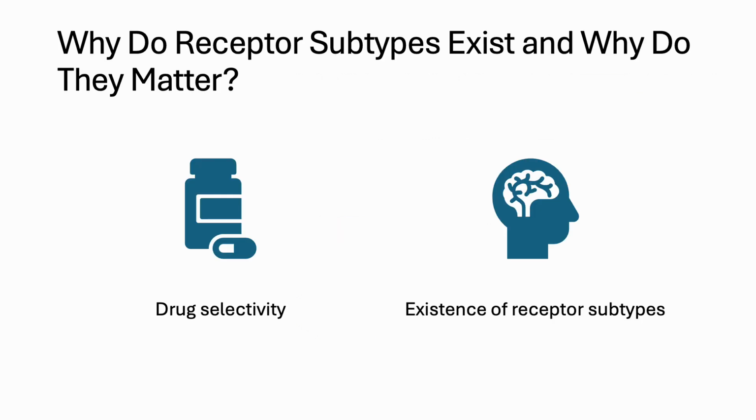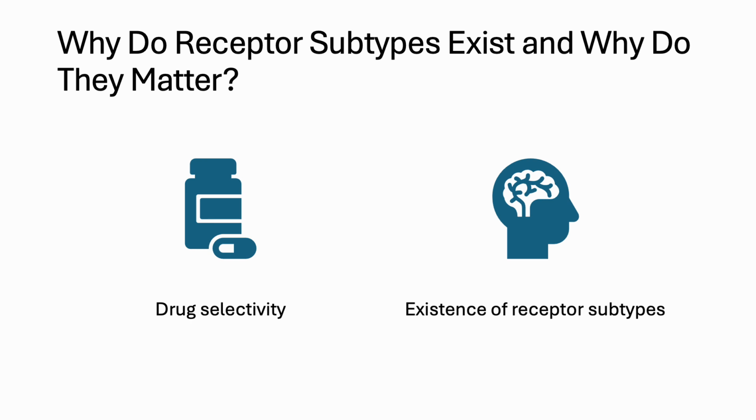Now, to expand on that previous question, why do receptor subtypes exist? And why do they matter? Well, there are some physiologic benefits of having multiple receptor subtypes for the same transmitter, but it's not really obvious. As noted before, if it weren't for the creation of some of these drugs, we wouldn't have even known that these receptor subtypes existed at all.